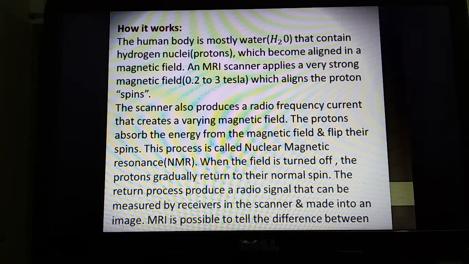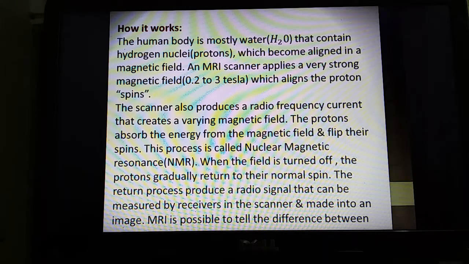When the field is turned off, the protons gradually return to their normal spin, but while returning to their normal position, they emit some energy, and those signals are observed by the machine.